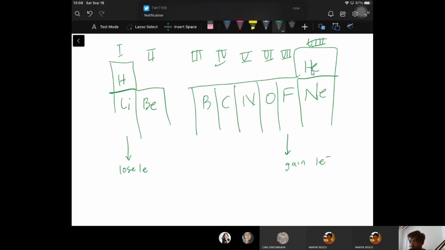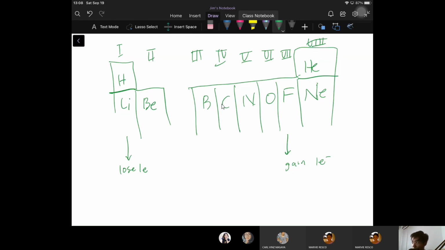So, helium na siya. Kung gusto naman niya maging neon, bilangin natin kung ilang steps siya, no? So, pag papunta sa kanan yung steps, going to the right, it means accepting 1 electron per step, no? So, bilangin natin kung ilang electrons kailangan niya tanggapin para maging neon.